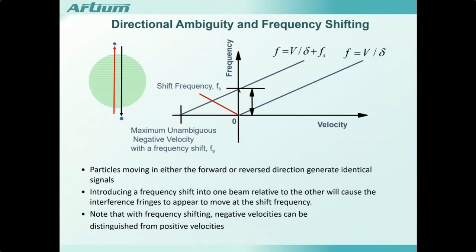That offset frequency shown here is typically about 40 megahertz. And so now when you have negative velocity, the resultant frequency is less than the frequency shift. And if you have a positive velocity, the resultant frequency is greater than the frequency shift. So that problem's solved, and that's what I had to do in my work way back 5 decades ago at the NASA Ames Research Center.